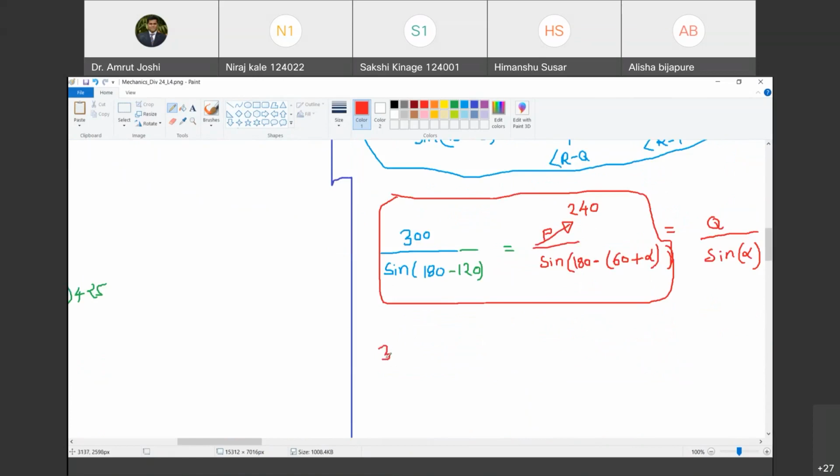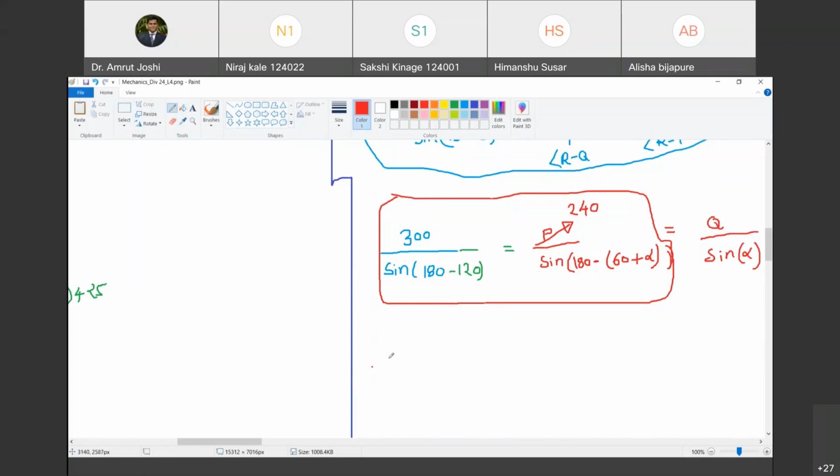So let me write down alpha. It will be equal to 300 upon sine of 180 minus 120, I am sorry, let us rearrange it. In fact, on your calculator, there is no need to rearrange. You can directly solve such kind of equations. I will teach you that in some time.